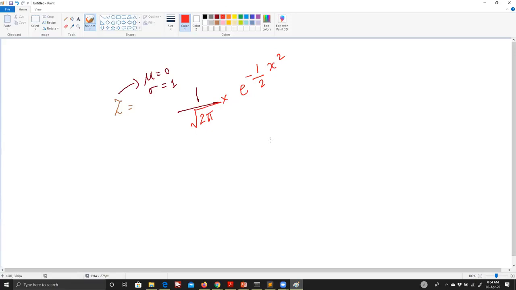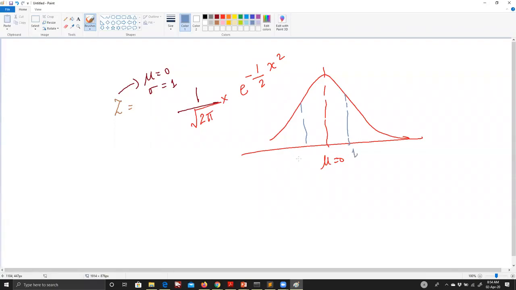The idea is very simple: the z distribution is a normal distribution where mu is always 0 and standard deviation is 1. This is 1, this is minus 1. This is your standardized normal curve. Is it clear?